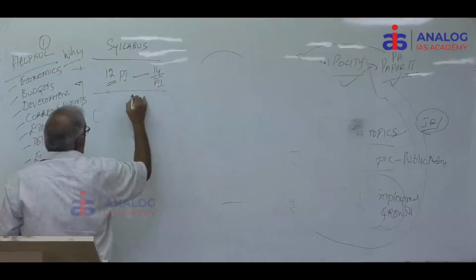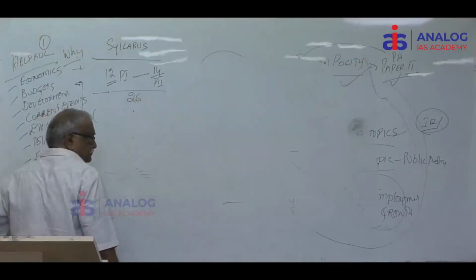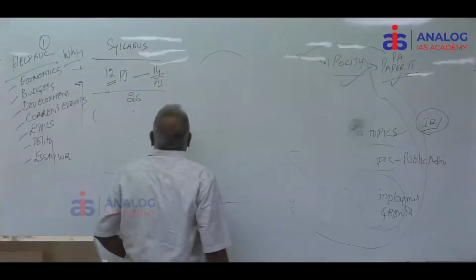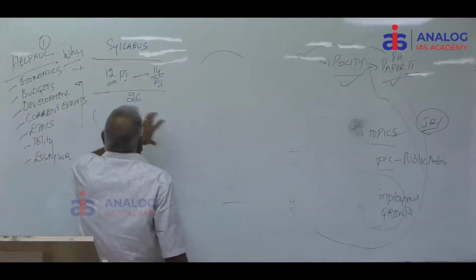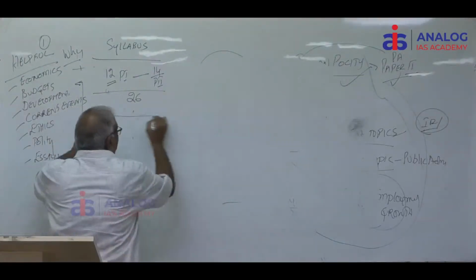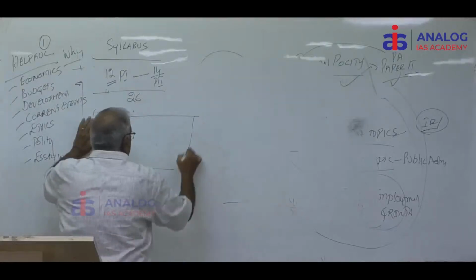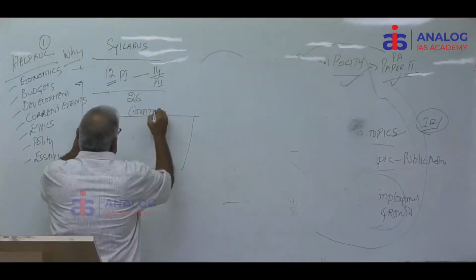That means put together there are 26 topics. Now, if you look at the syllabus, there are several common subjects, common areas, for both paper 1 and paper 2.